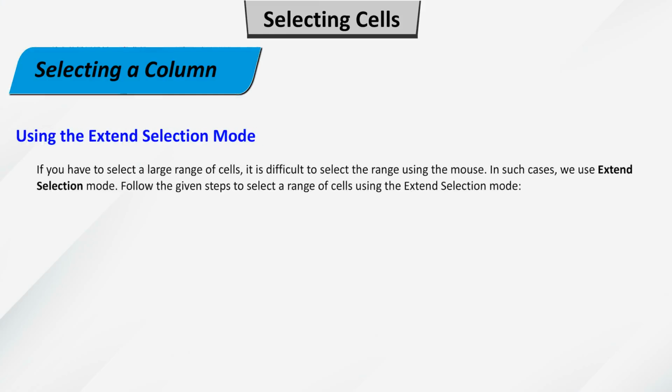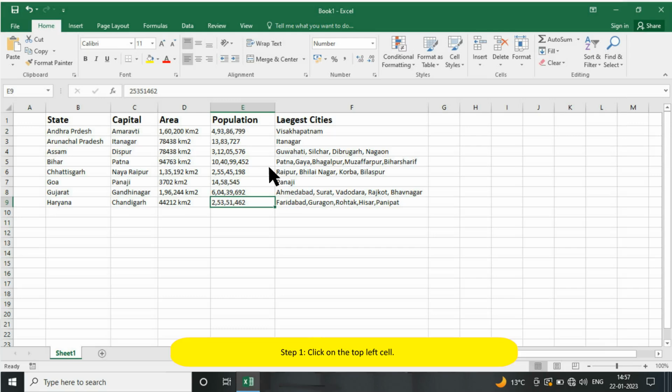Using the Extend Selection mode. If you have to select a large range of cells, it is difficult to select the range using the mouse. In such cases, we use Extend Selection mode. Follow the given steps to select a range of cells using the Extend Selection mode. Step 1.